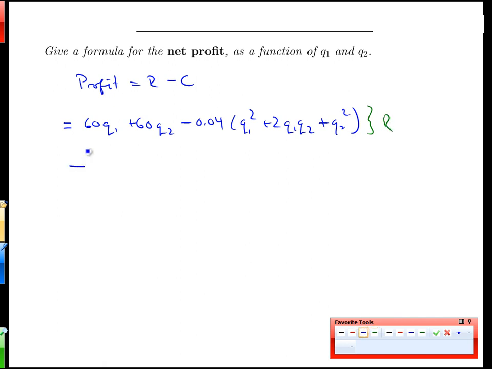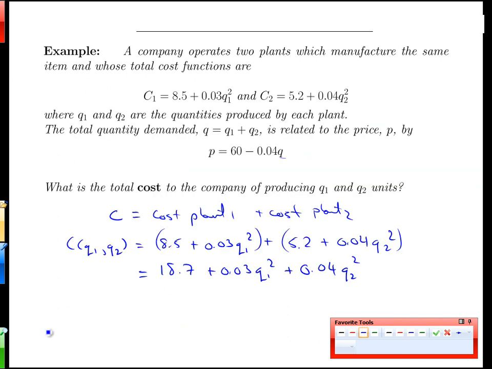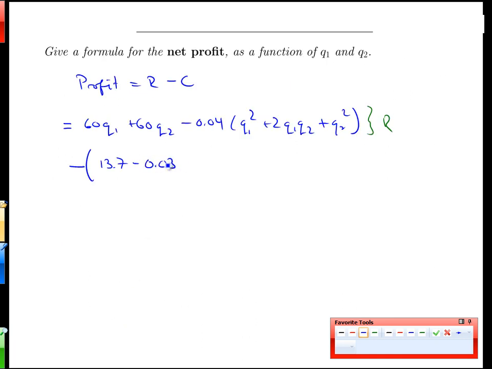And then we subtract a big term for our costs, and our costs were given to us before. They were 13.7, and I forgot the coefficients: 0.03 Q1 squared, 0.04 Q2 squared. That term there being our negative costs.